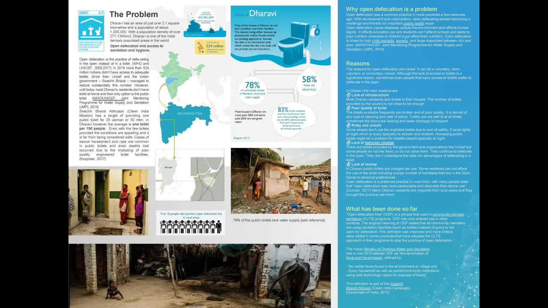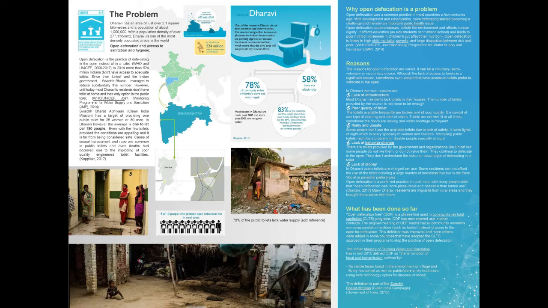Open defecation is a problem closely related to public health, which can be used as an indicator for urban poverty. For Dharavi's context, there is a lack of infrastructure, with poor quality toilets, and it is risky and unsafe to use the current facilities.